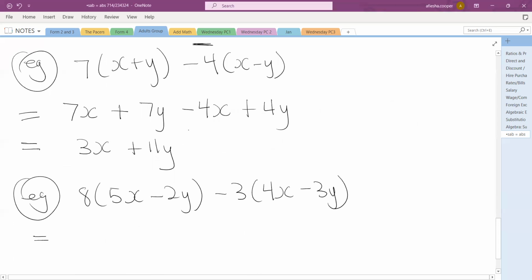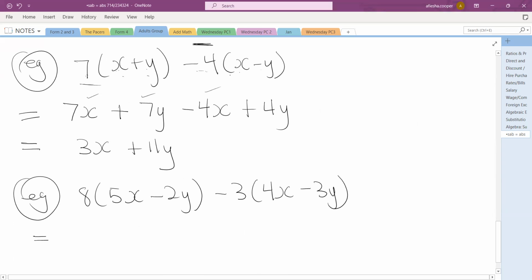Our third question, again, 7 by X. So we started to omit some unnecessary steps. We know that we have to multiply the 7 by the X and the 7 by the Y. So 7 by X will give us 7X and 7 by Y will give us 7Y. Now we have a negative 4. Negative 4 by X will give us negative 4X.